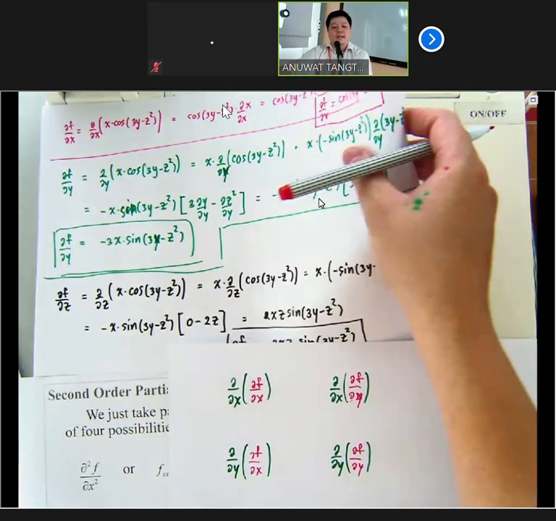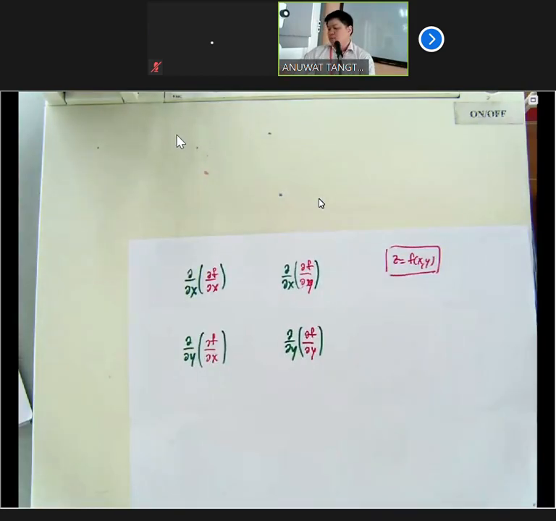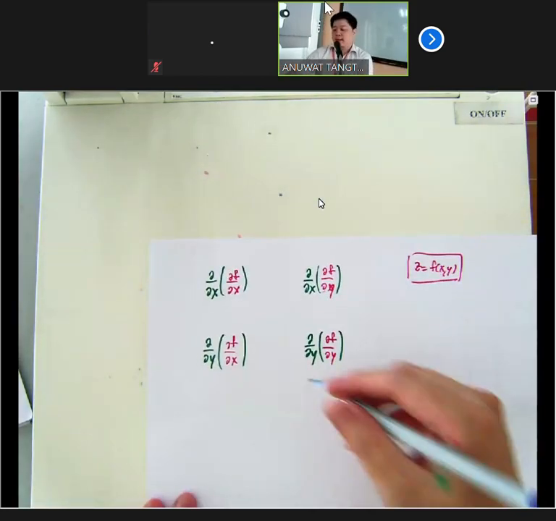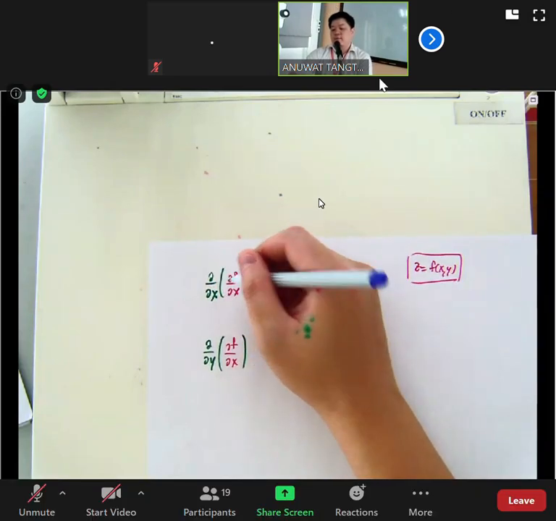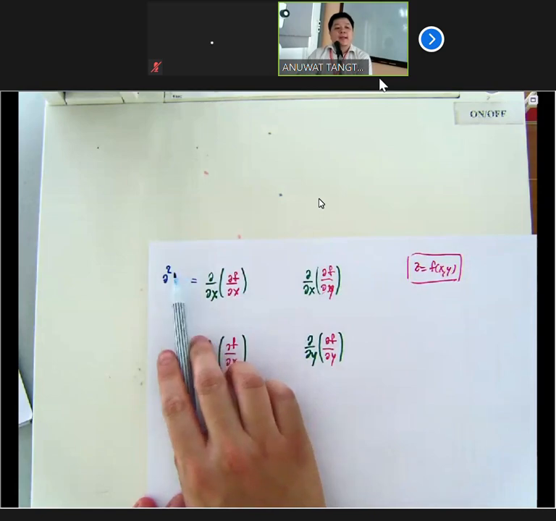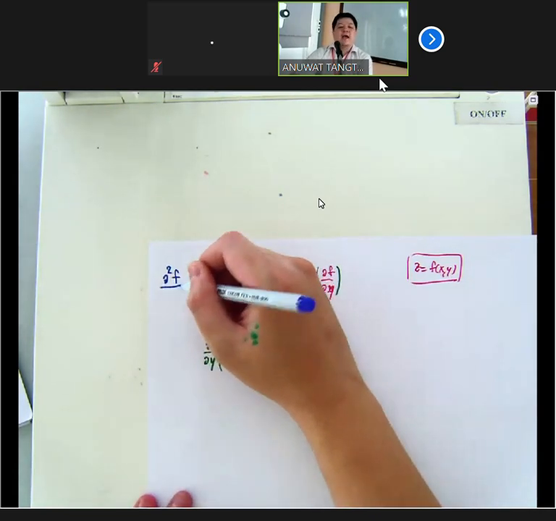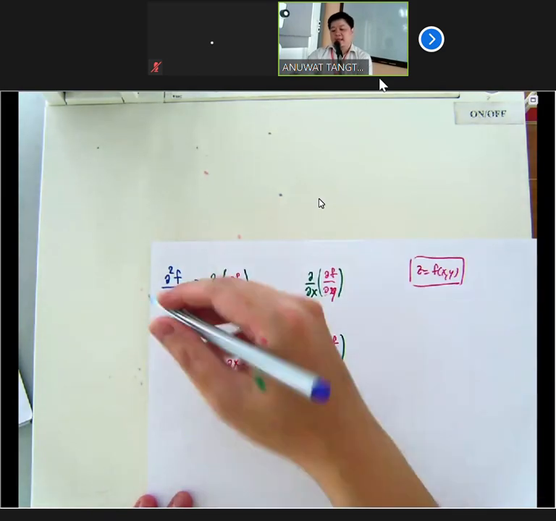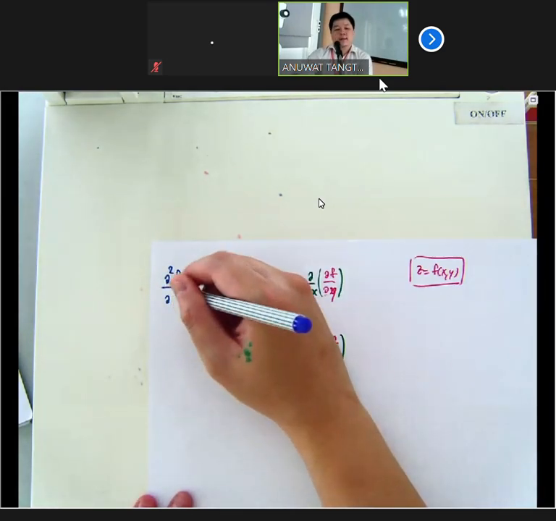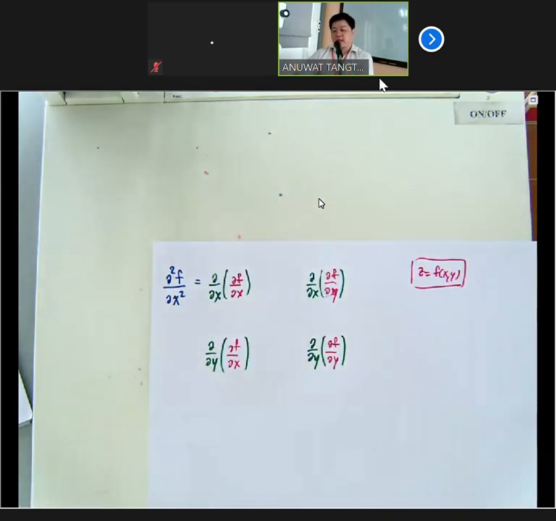Now, let me talk about the notation for that. The first one, we write down the notation d squared. That means it would be the second order derivative of f. And this is dx dx, we write down similarly as when we do the ordinary derivative.